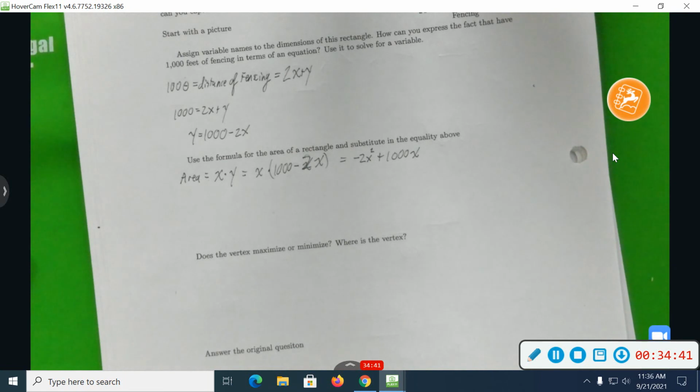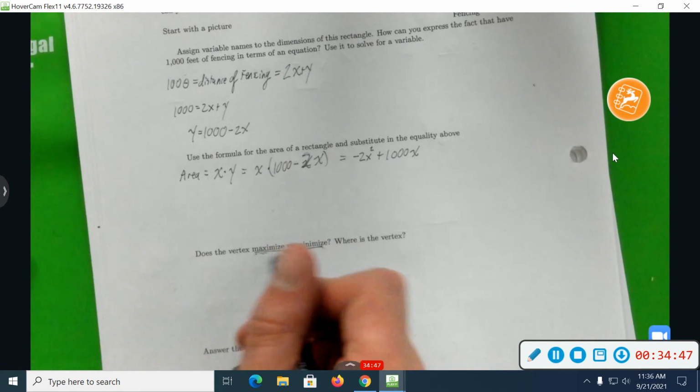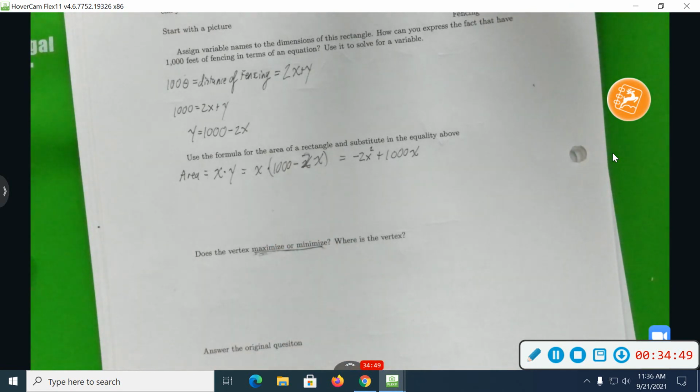Let's think about the vertex formula. Flipping back to the previous page, or by thinking about the graph, will that vertex minimize or maximize? Maximize. If that coefficient of x squared is negative, this thing will be downward opening. The vertex maximizes.